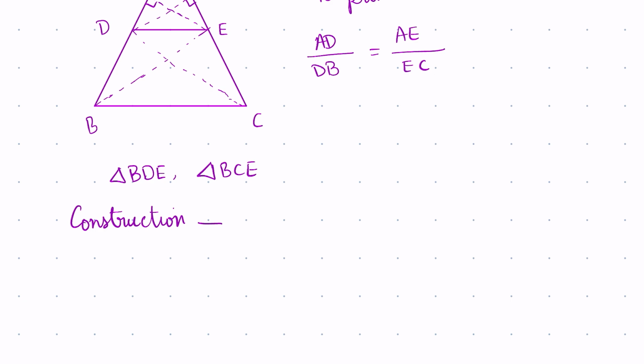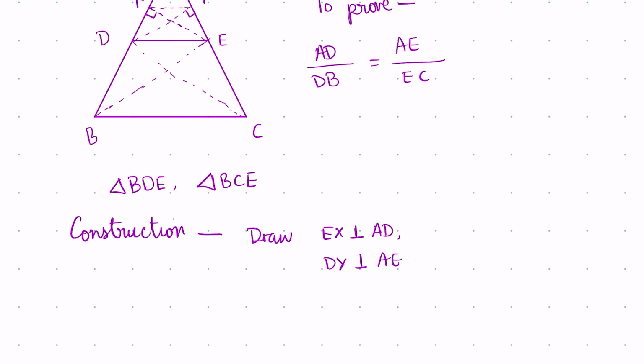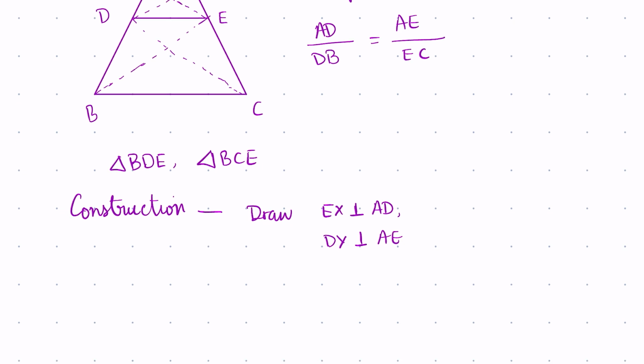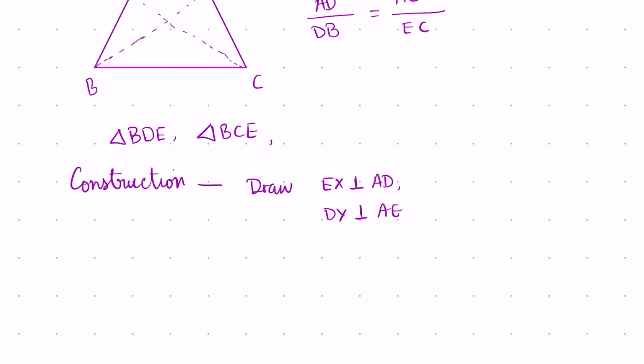Construction: draw EX perpendicular to AD, and DY perpendicular to AE. So that's the construction that I'm doing. I'll tell you why. That's so that we can find the area of triangle ADE. Okay, so there's another triangle ADE.